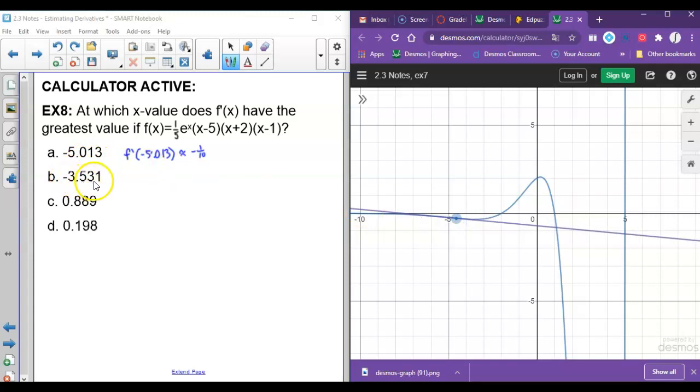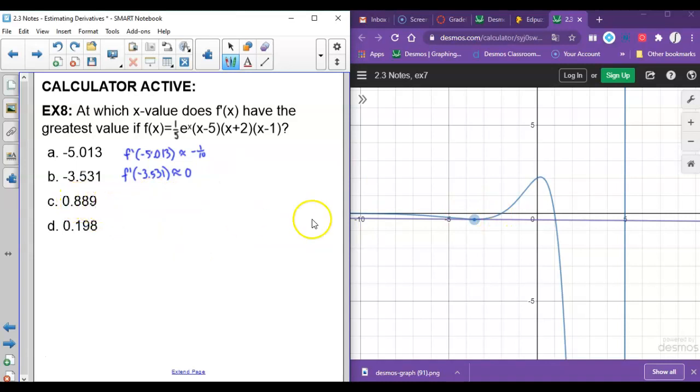So at negative 3.531, that is somewhere around here, and you can see it's almost horizontal here. So I would say that this one, the derivative, is almost 0, maybe exactly 0, not sure. Then I've got 0.889. Actually, I didn't mean that. Let me fix this problem. I meant for that to be negative 0.889, so let's throw that in there.